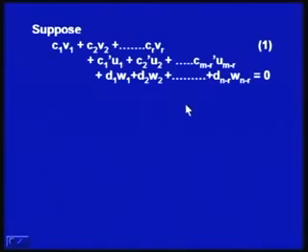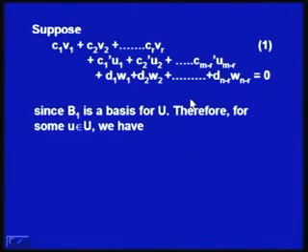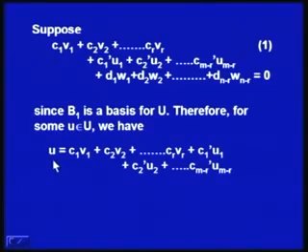So we have formed the linear combination of vectors of B. Since B1 is a basis for U, for some u belonging to U, we have u equal to c1 v1 plus c2 v2 plus cr vr plus c1 dash u1 plus c2 dash u2 plus up to cm minus r dash um minus r. So this will be a vector belonging to U.